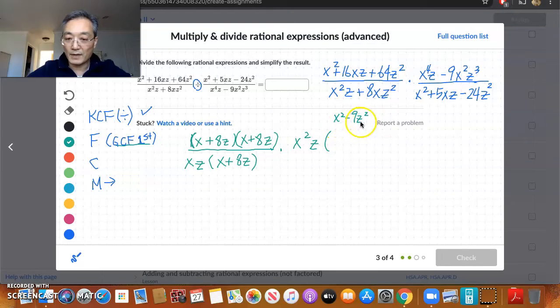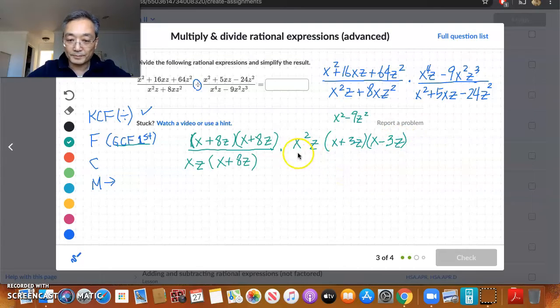So if it didn't have z squared, it would look like x plus 3 and x minus 3. But since it has a z squared now on the back term, all we have to do again is just include a couple of z's.